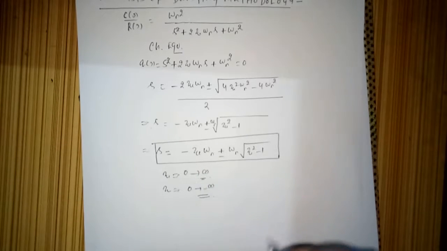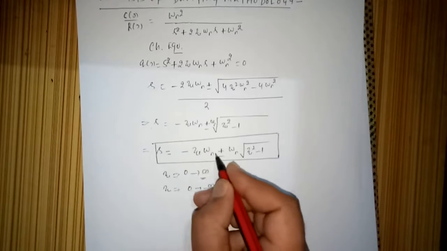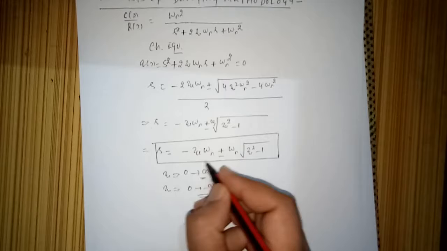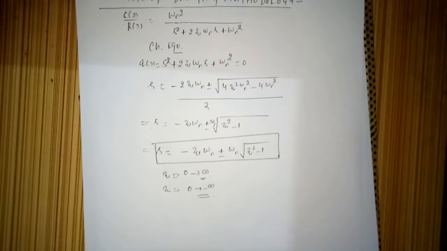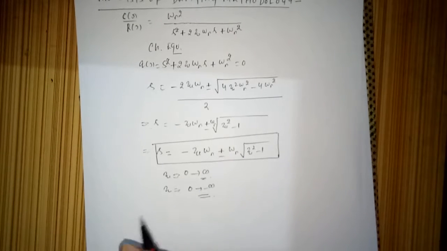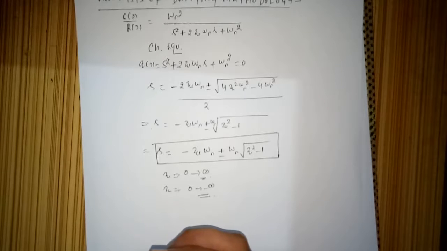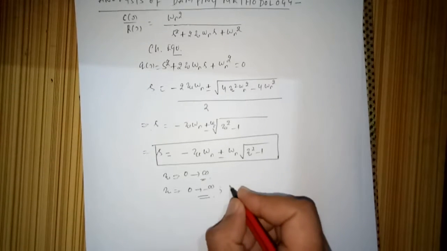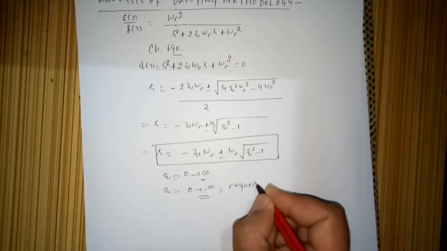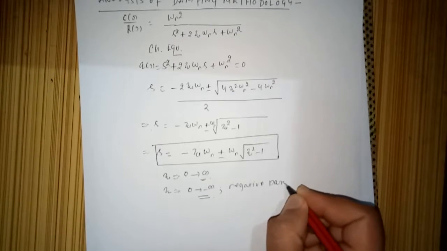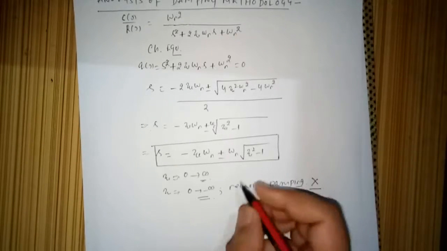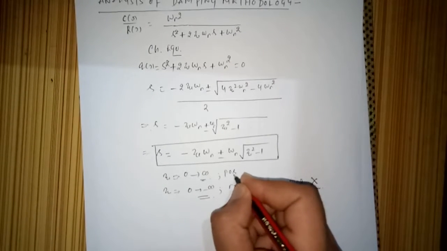Positive side means the real parts of the poles are positive, and then the system is going to be unstable. We don't want an unstable system. So this is called negative damping, and generally we will not use this, right? And this is called positive damping.